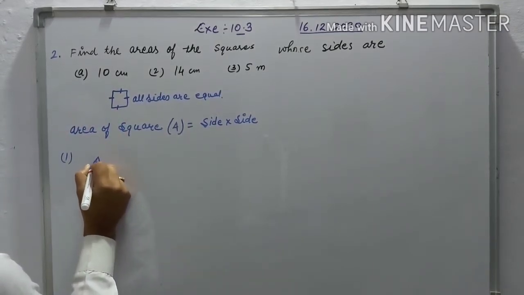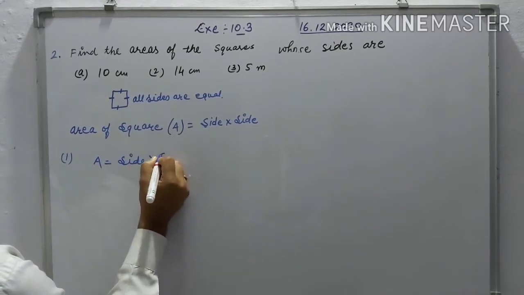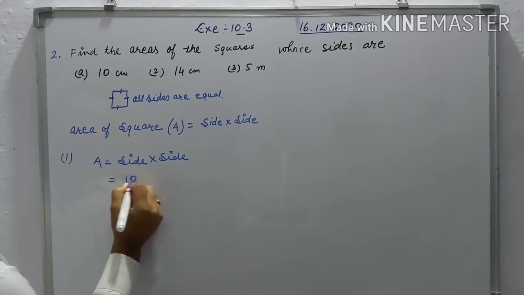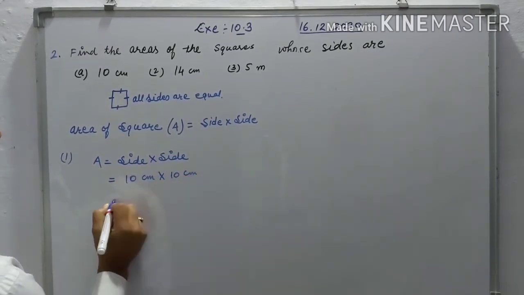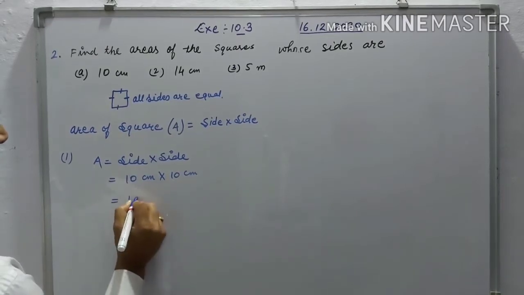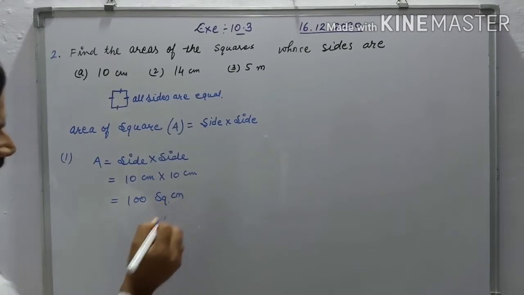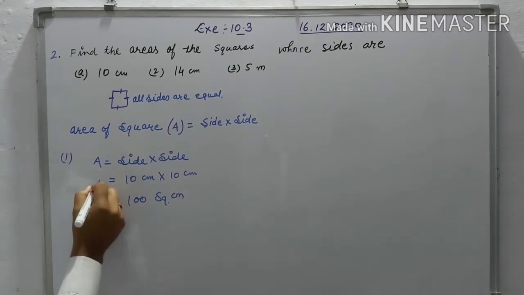So you write the area is equal to side into side, which is 10 centimeter into 10 centimeter, and 10 multiplied by 10 is 100 square centimeter. The unit of area is always in square form.